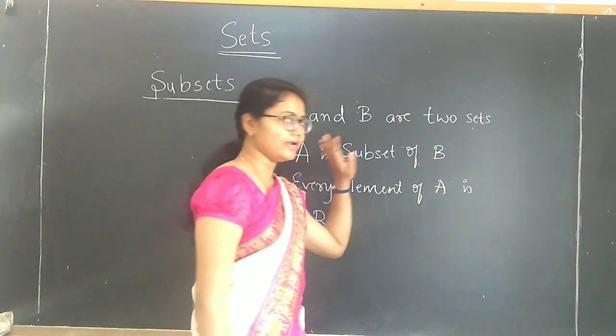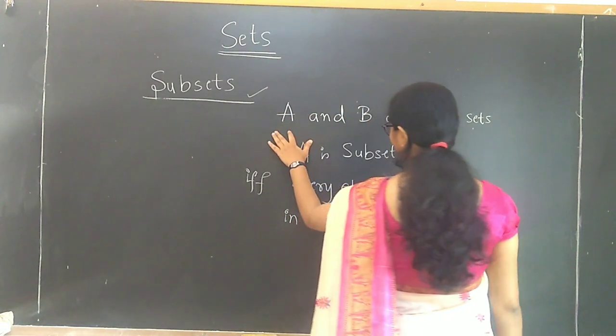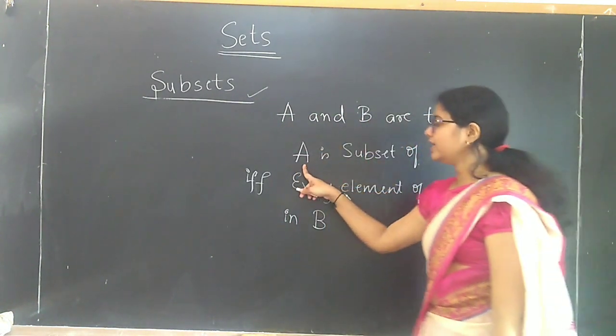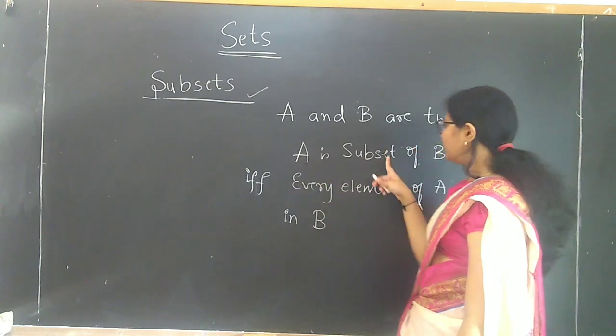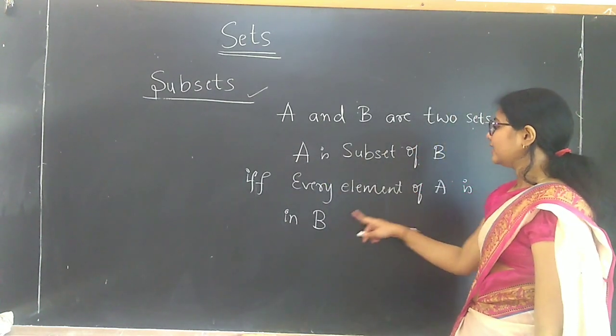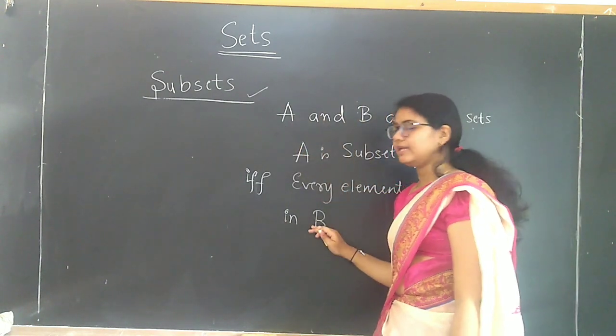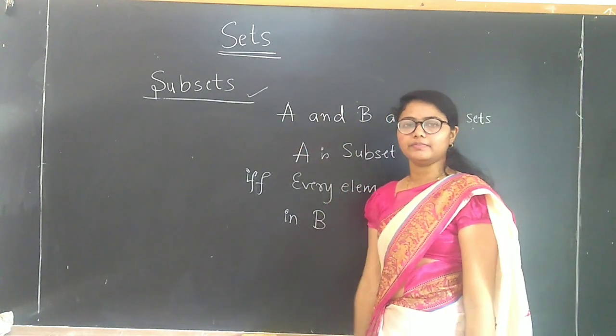If you take A and B as two sets, then A is called a subset of B if every element of A should be contained in B. If B is a subset of A, it means every element of B should be there in A.